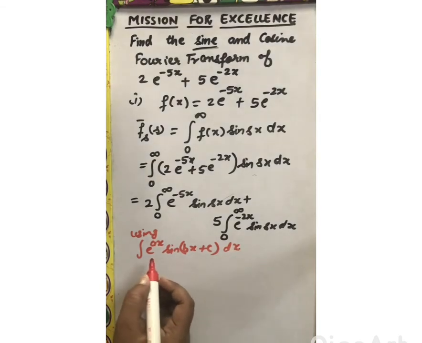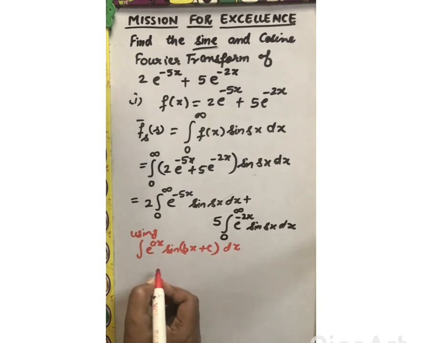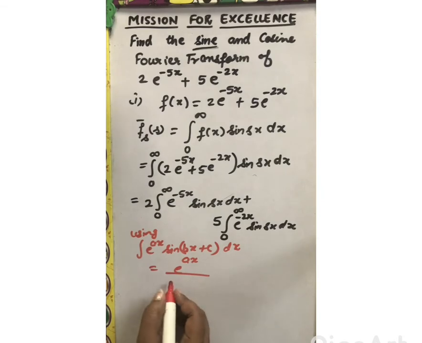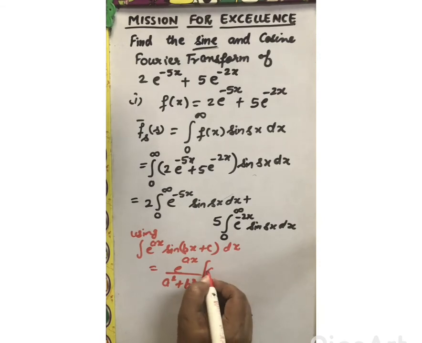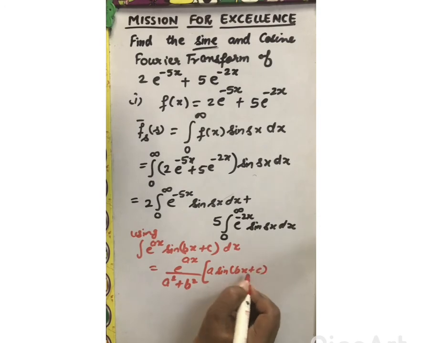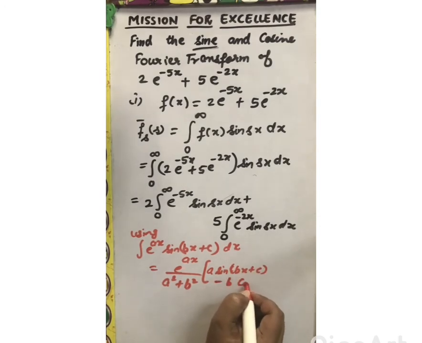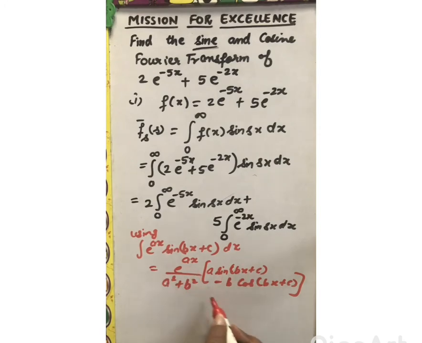So the integral of e^(ax) sin(bx + c) dx is equal to e^(ax) divided by (a square plus b square) into (a sin(bx + c) minus b cos(bx + c)). We will use this formula here.